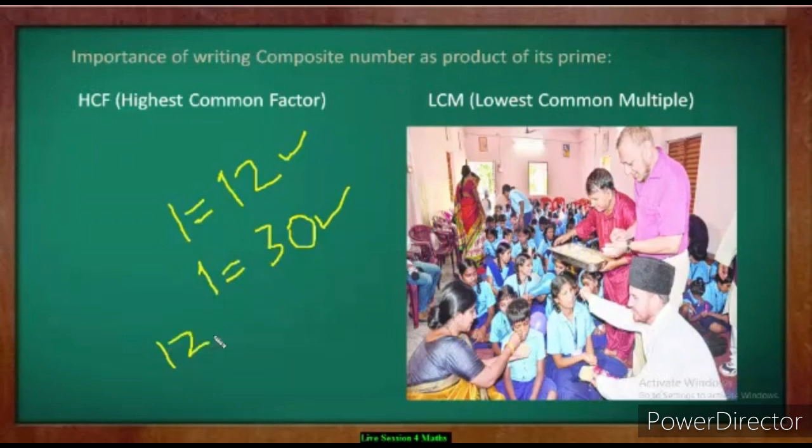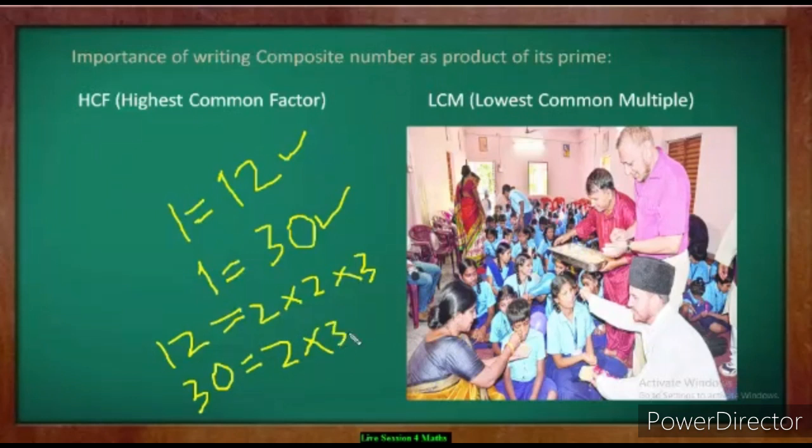We express 12 as a product of primes: 12 equals 2 into 2 into 3. And 30 equals 2 into 3 into 5.